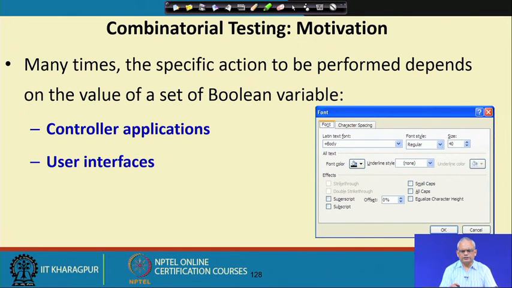But then in many situations we find that the number of input parameters are actually too many, especially in controller applications and user interfaces. Let us look at this specific user interface. Just see how many parameters are there, input parameters, there are just too many, and if we combine the equivalence classes here, then we will get too many test cases.